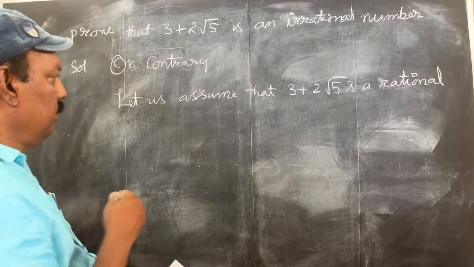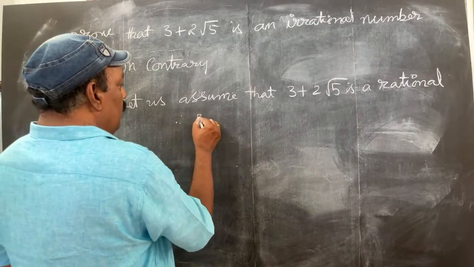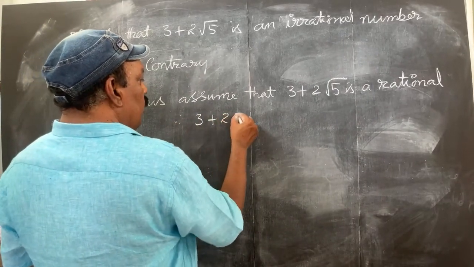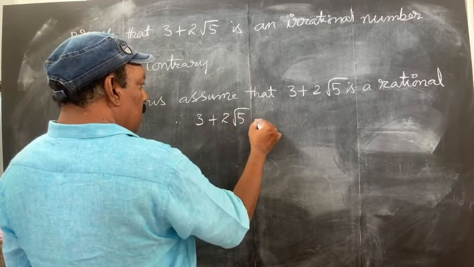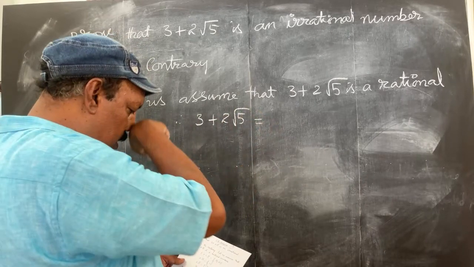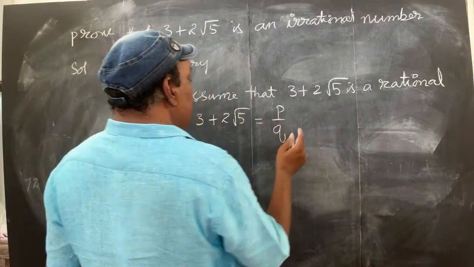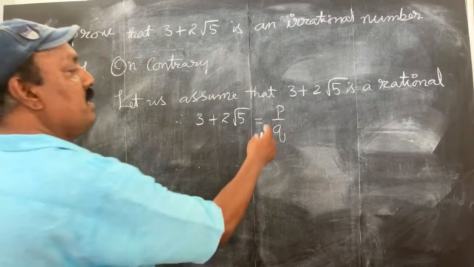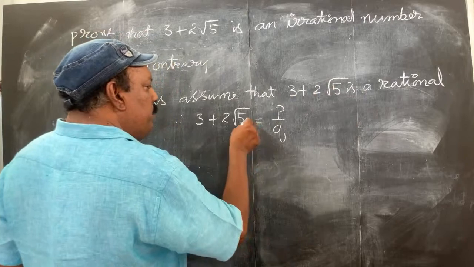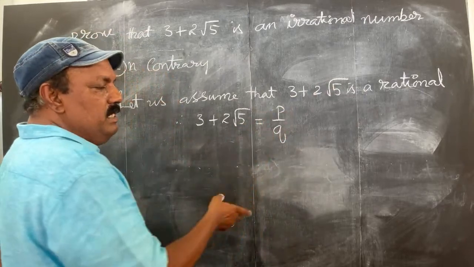Now the second step: therefore 3 plus 2 root 5 is equal to p by q form. Why did I put p by q? Because I am considering this as a rational number. P by q means it is a rational.